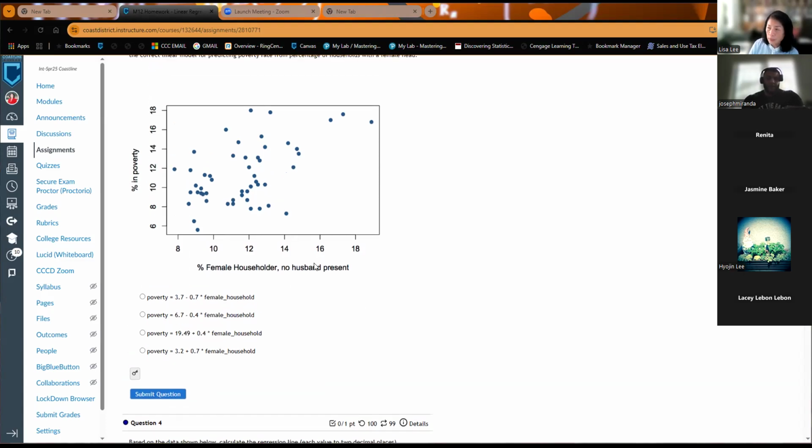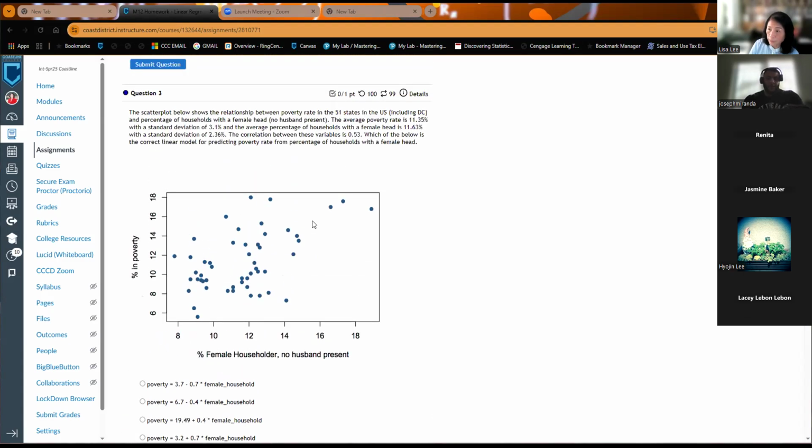Okay. So for this example, question 3, usually some students will ask me about this problem because they couldn't understand what this means. Okay, because the problem provided the average poverty rate in the question, and that is kind of confusing for people.